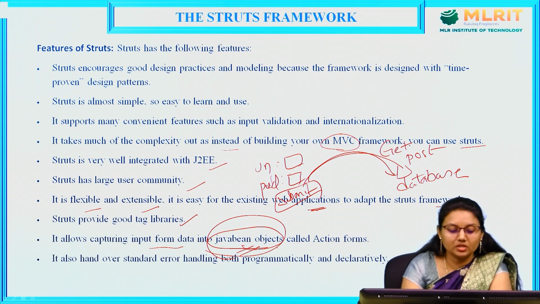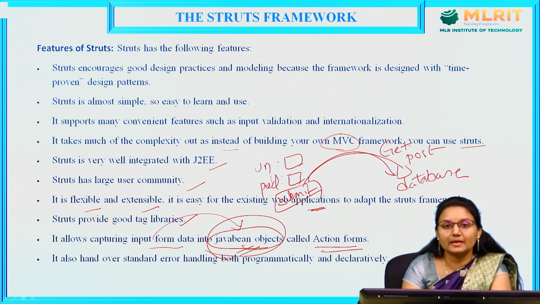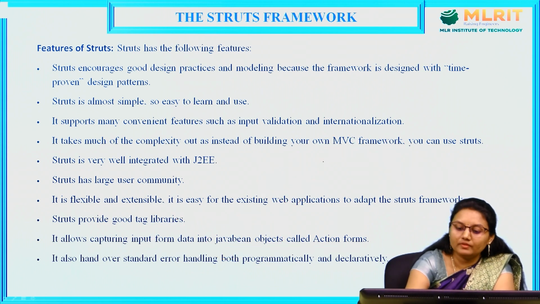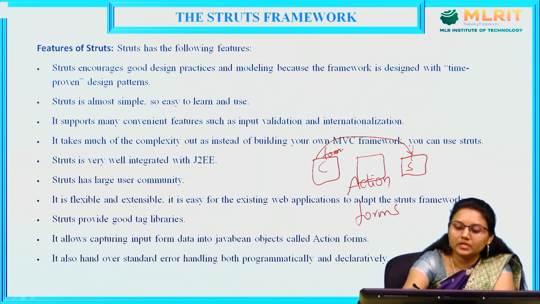When you are converting the input form to a Java Bean object, we are calling them action forms. So in this process, when you have a client and when you have a server, so when the form of the client should be transmitted to this server, in between you also have action forms. So what are these action forms? These forms, whatever you are creating, are getting converted to your Java Bean object.